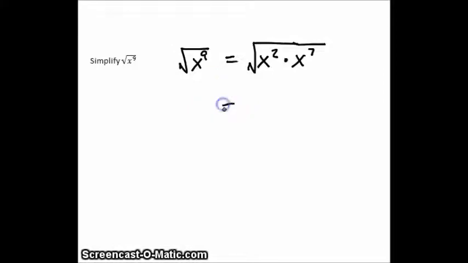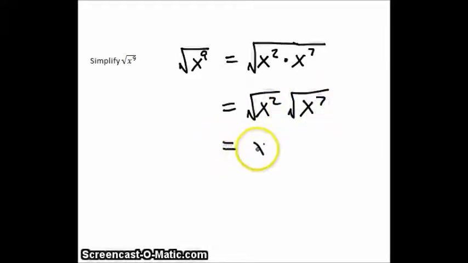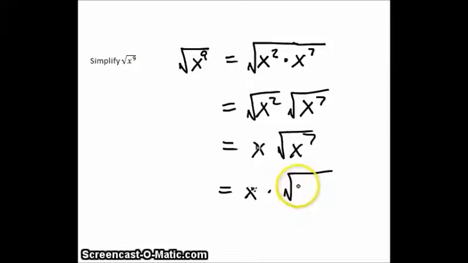I'm just taking the square root of both of those. I'm going to split this up, just like always. The square root of x squared is x, and this will be x times the square root of x to the 7th. And this will be x times, and again I'm going to pull out another perfect square. I know that this is x squared times x to the 5th power.